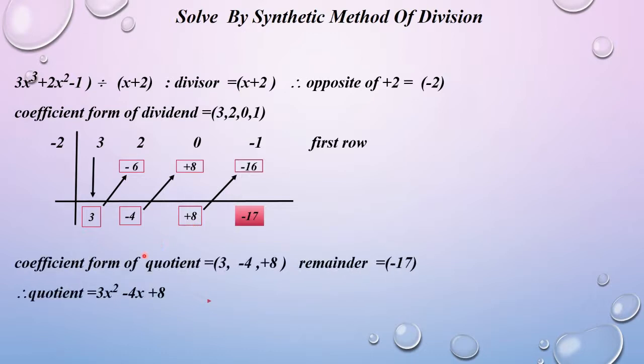Therefore, the coefficient form of the quotient is 3, minus 4 and plus 8. The remainder is minus 17. The quotient is equal to 3x square minus 4x plus 8. Here the power of the quotient, or degree of the quotient, is x raised to power 2, which is 1 less than the dividend.